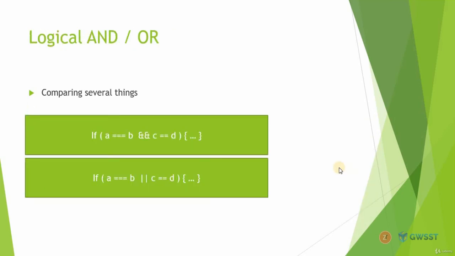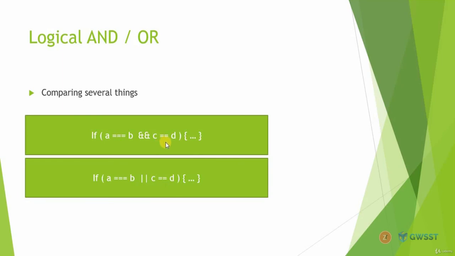The same way we have logical AND and OR operators. Most of the time, if you want to compare several things, let's just say you have around 7 to 8 different values which you want to compare, we're going to check like this. We'll say that if a is equal to b and c is equal to d, then we are going to write something. So what happens here is we are comparing both the options together.